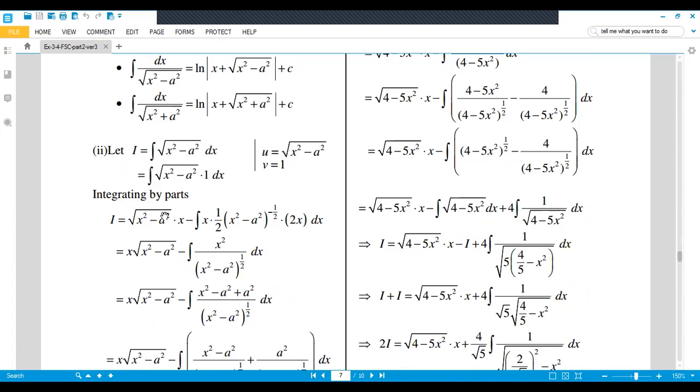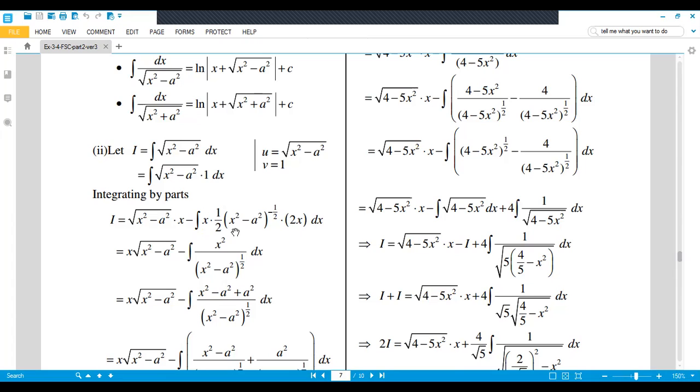So again by integration by parts, the first term as it is, so integral of 1 is x, minus the whole integral of 1 is x, and the derivative of under root x square minus a square is 1 over 2 (x square minus a square) power minus 1 over 2, since 1 over 2 minus 1 is minus 1 over 2, and further the derivative of what is inside the power, that is x square minus a square, will be 2x minus 0, so 2 cancels with 2, and we get x square divided by under root x square minus a square.